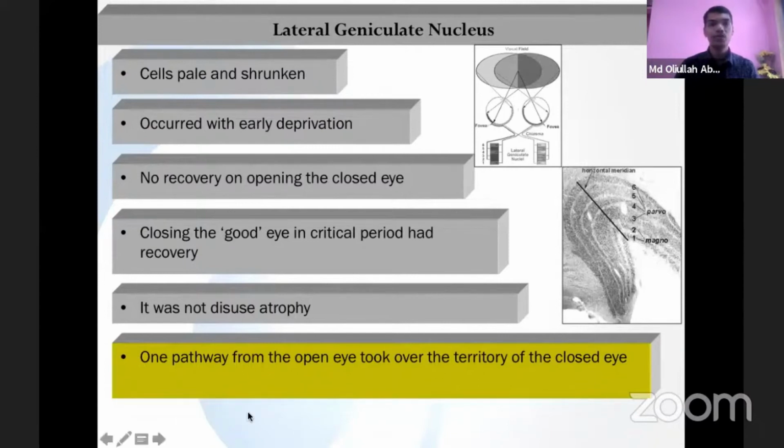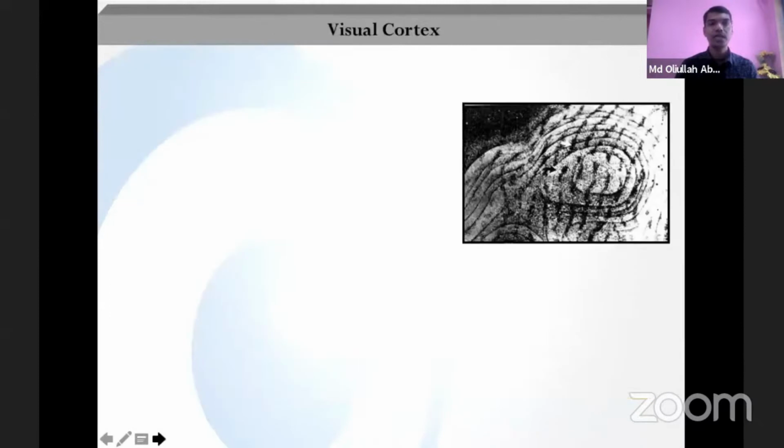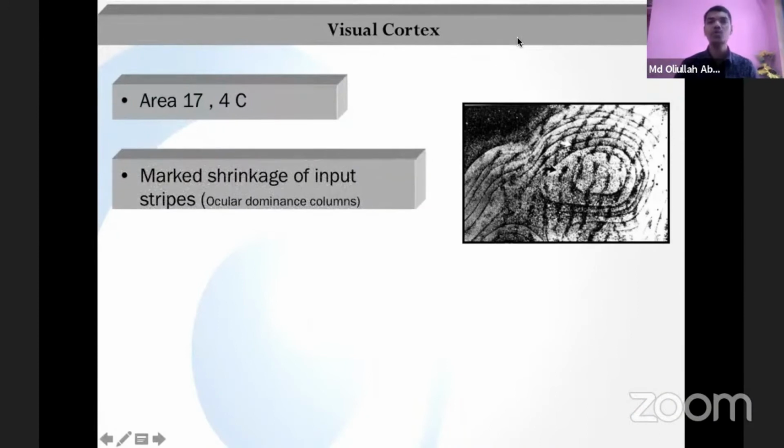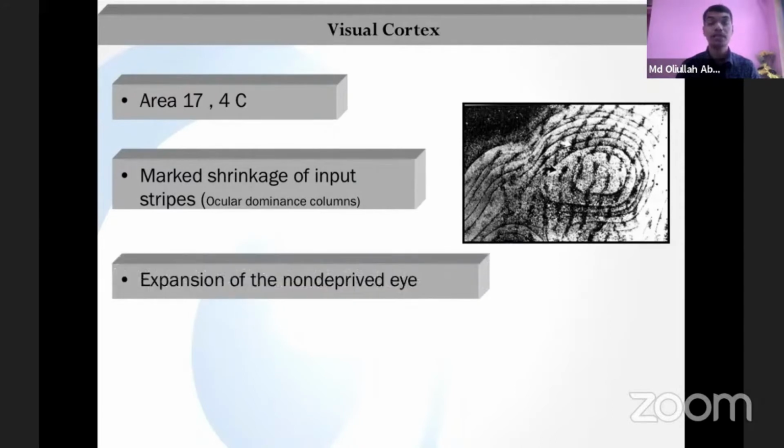Similarly, if you look at another theory which explains Brodmann area 17 and 4C, this also explains the crowding phenomenon at the ocular dominance columns. Whenever you have unequal stimulus going to the visual cortex, there is a significant dominance of one eye, and a lot of expansion of the non-deprived eye.